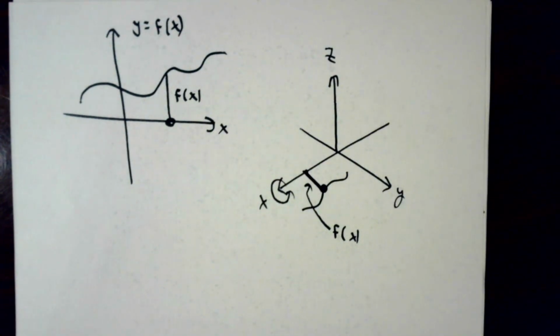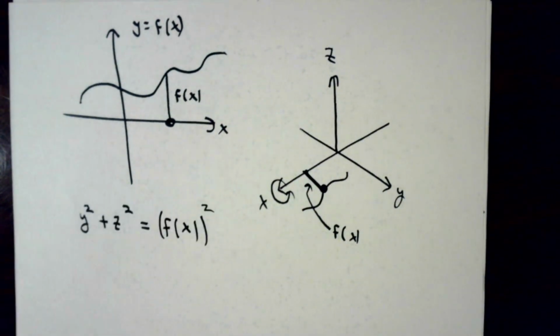The equation of that circle is going to be y squared plus z squared equals the radius squared, with the understanding that the x-coordinate is being held fixed. If you do this for each one of these points on this graph, you get the following equation.